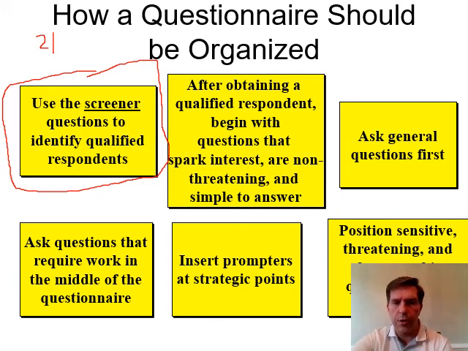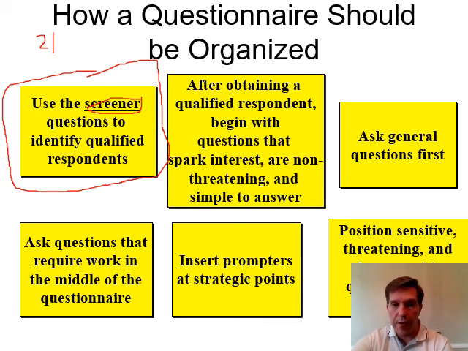Right? And if they tell you no, then you dismiss them. You say, well, thanks for your help, but at this point, that's all the questions that I have for you, right? You might have multiple screener questions. That's okay, and the more screener questions you have, obviously, the more accurate the information is going to be, probably, but also the harder it's going to be to find respondents. So it's a trade-off. So only have the really important screener questions if you have any, okay?